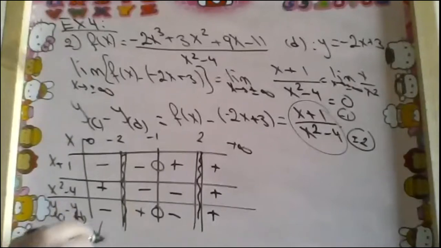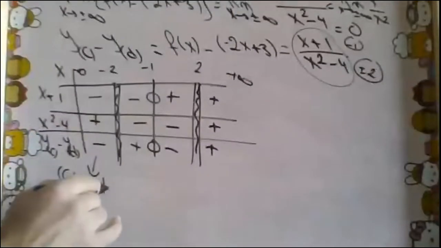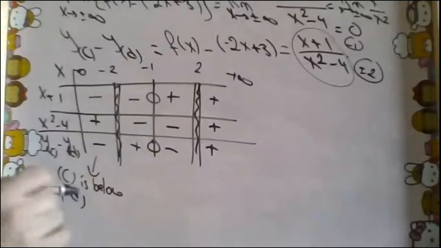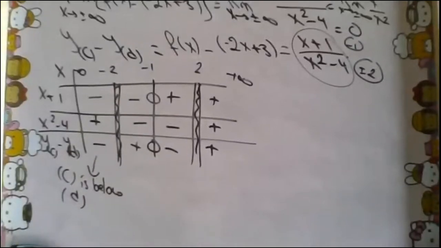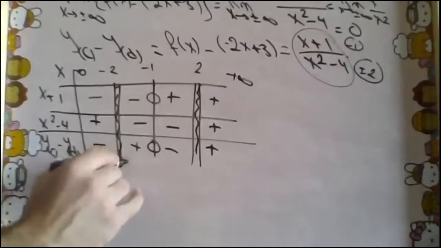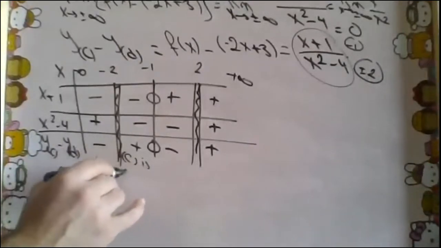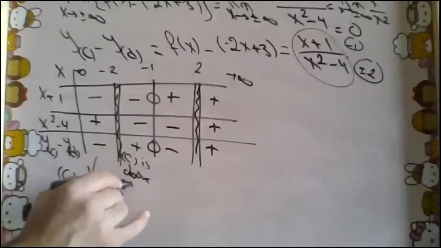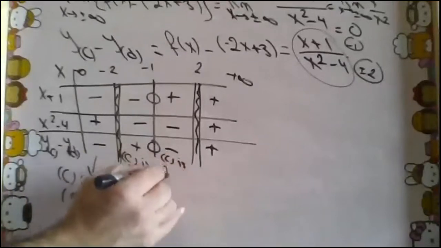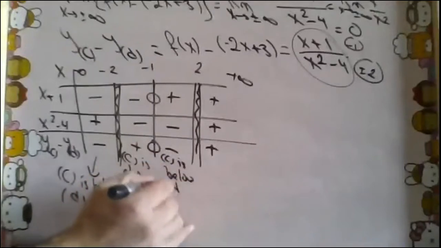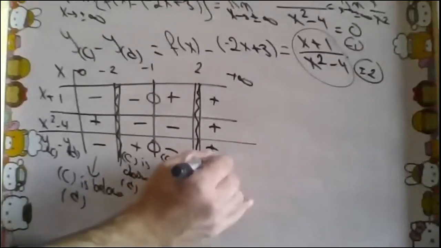So here C is below D. If it is positive, it means C is above D. Here C is above D, here C is below D, and here C is above D.